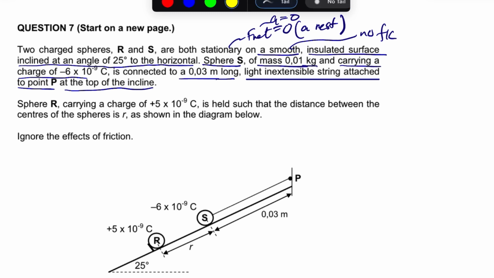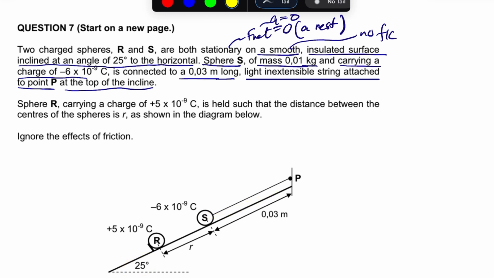Now guys, that statement is referring to this one. This one is attached by a string there and it's stationary, it's not moving, and the distance from where it's attached is 0.03 and it's negatively charged. That's what is important there, and it's on an incline as well.